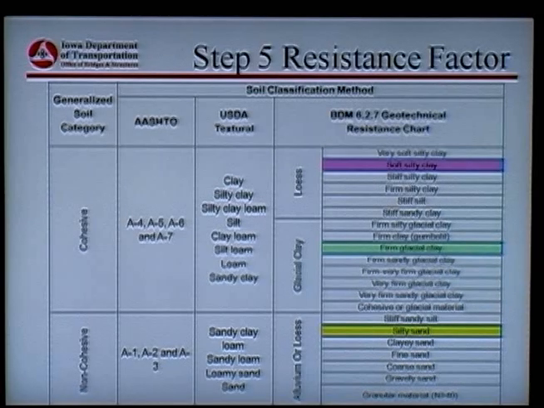And the key then is for the non-cohesive are the A1, A2, and A3 soils. Basically the loams, the sandy loams, is basically beach sand or coarser in terms of granular soils. The cohesive then is the clays and the silts, and the clayey or silty loam material. The A4, 5, 6, and 7 material is classically what it is.